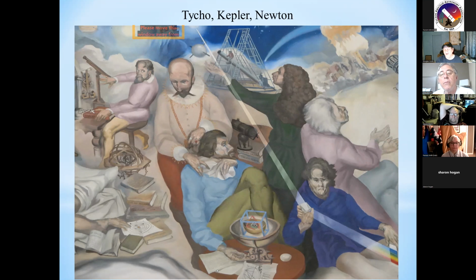And down here on the table is some of his paperwork and diagrams from some of his original manuscripts. And sitting in front of him is this model of the 5 perfect solids, because he spent a lot of time trying to mold the planets' orbits to fit these 5 perfect solids.